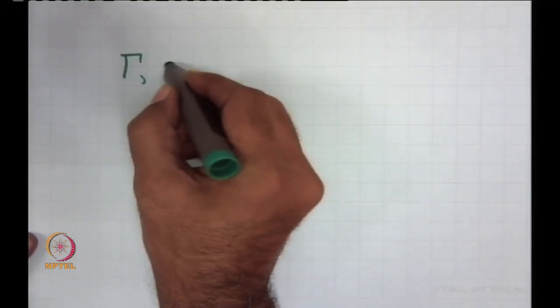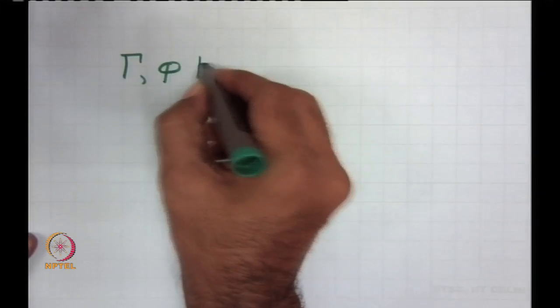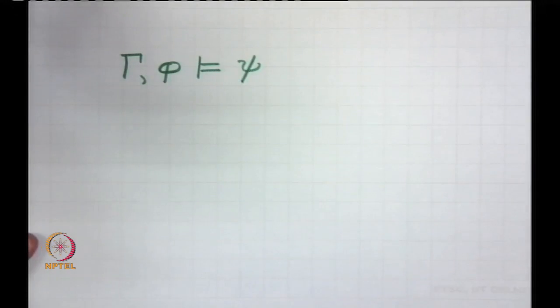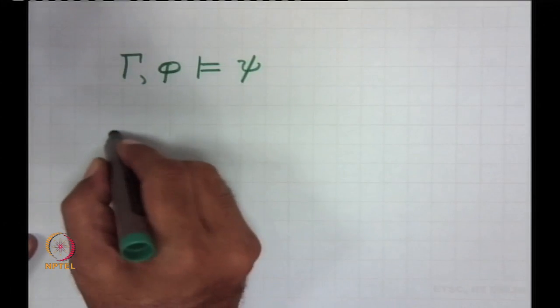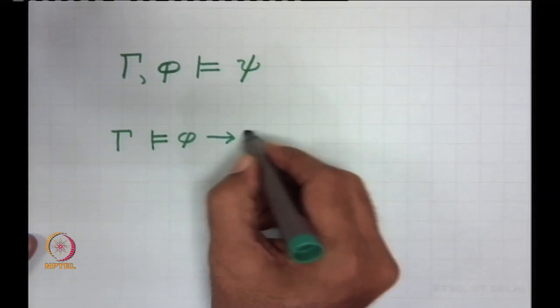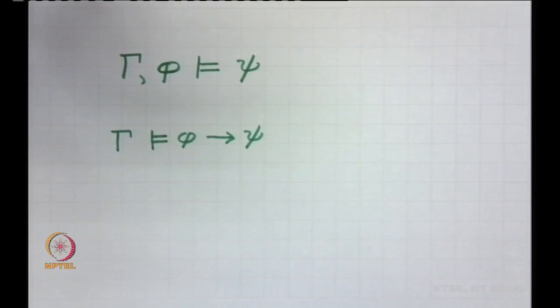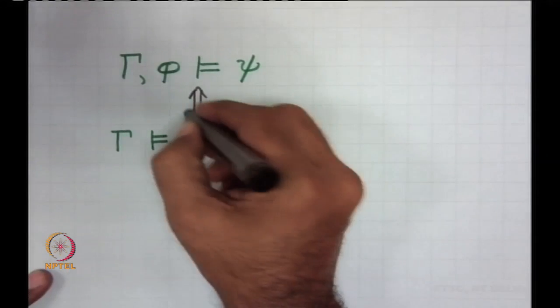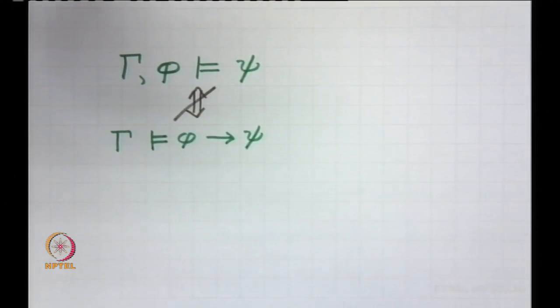So if I have gamma, phi, psi is a logical consequence of gamma union phi, and phi arrow psi is a logical consequence of gamma. These two are not equivalent notions in first order logic. And it is precisely because of the fact that there might be free variables hanging around which are not quantified.